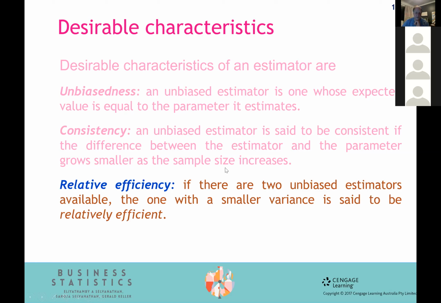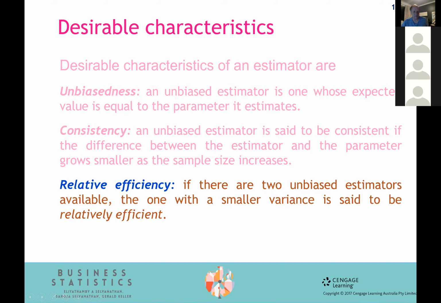But as the sample size decreases, you get less sure. That's what they mean by consistent. I can make it more accurate by increasing the sample size. And it must be relatively efficient.